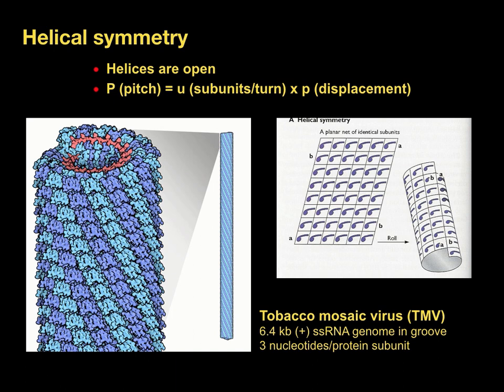Instead of going like this, it's going to open up, and you're going to have different stairs going up. So by multiplying how many subunits you have per turn by the displacement, you get how many subunits you have in a particle.